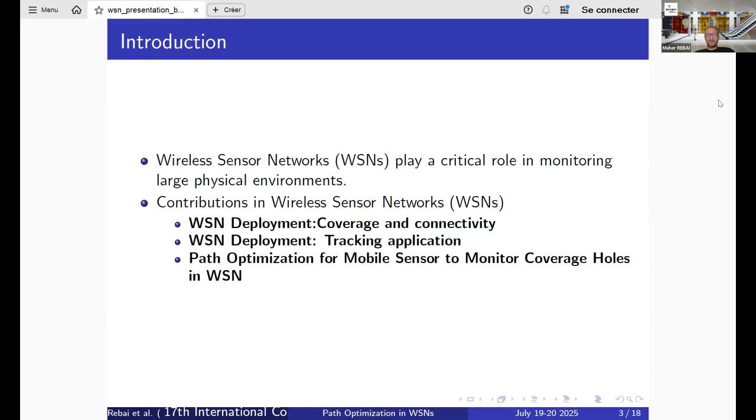Currently, I'm working on path optimization for mobile sensor to monitor coverage holes in wireless sensor networks due to its importance in many applications like border surveillance or disaster recovering.